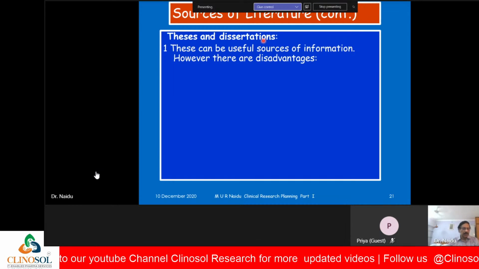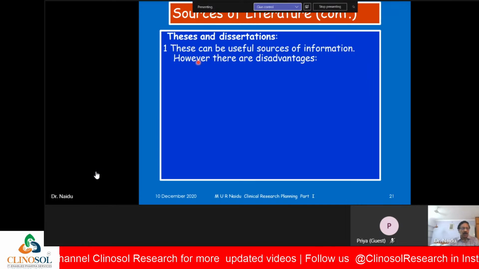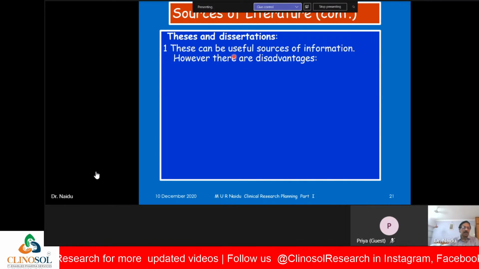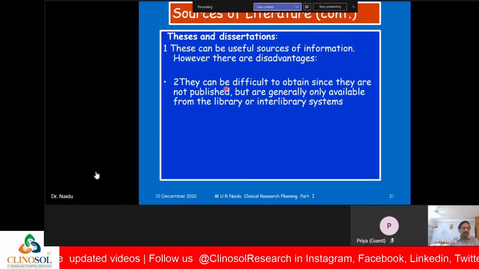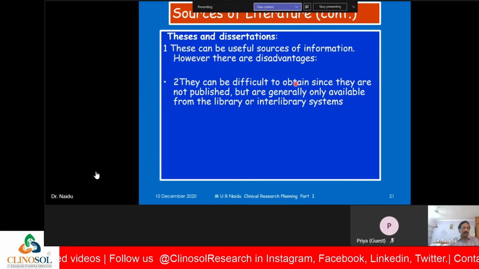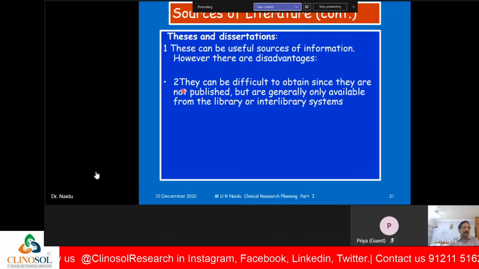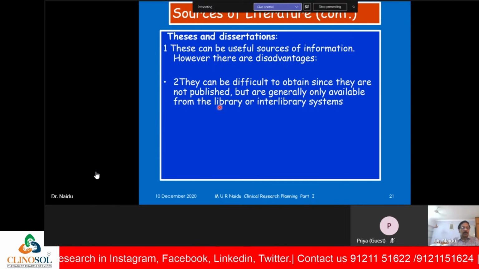Theses and dissertations are really very good. These can be a useful source of information. However, there is a disadvantage. What is the disadvantage of using a thesis or dissertation as a source? They can be difficult to obtain. Since they are not published, they are kept under lock and key in the department, and are generally only available from the library.